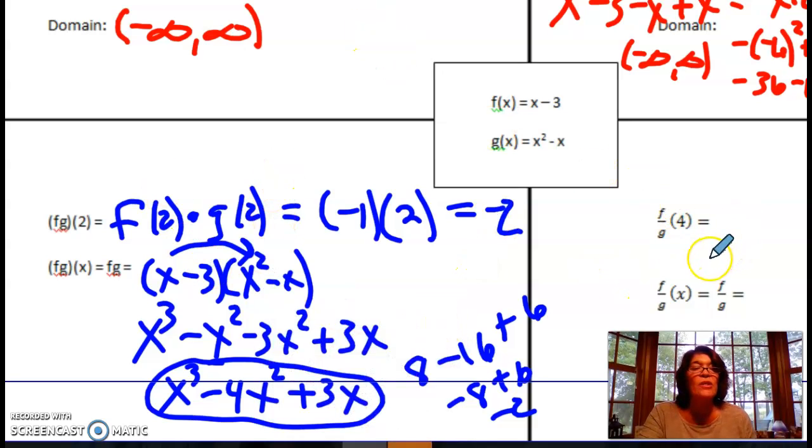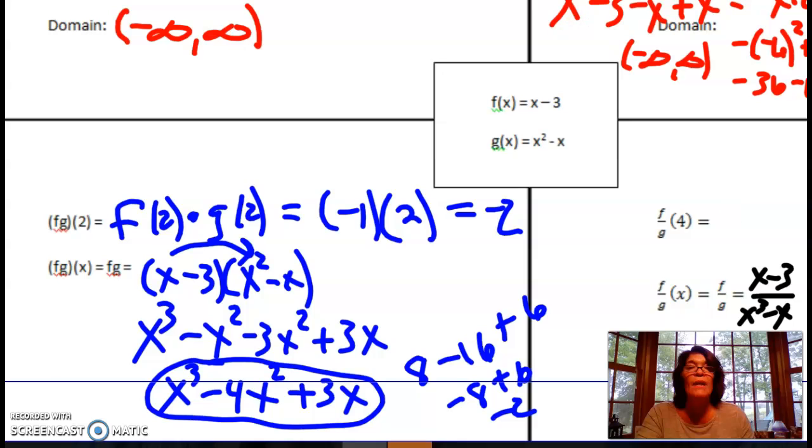f divided by g of 4. I'm going to take f of 4. Well, let's do this first. f divided by g is x minus 3 divided by x cubed minus x. Okay, that's my f divided by g function. f divided by g of 4.